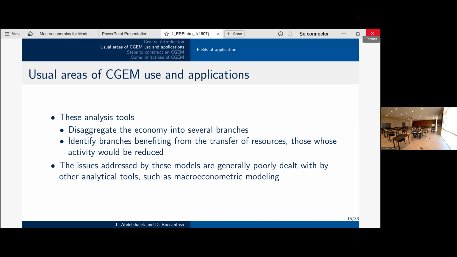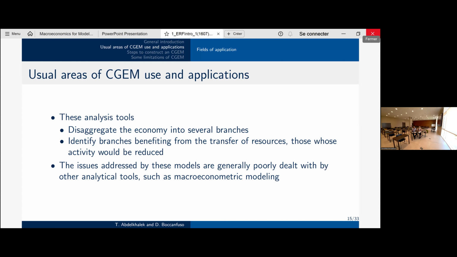So CGE modeling is a disaggregation of the economy. We have several branches, several activities, several products. And we have to identify the impact of any policy on sectors, because generally some sectors benefit from the shock, and some other activities will be reduced.